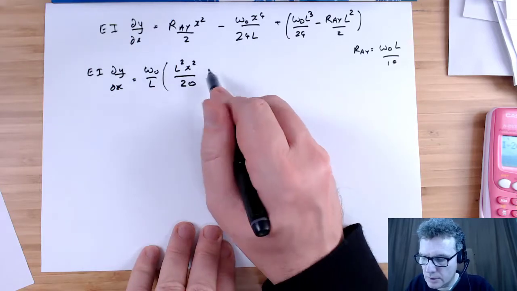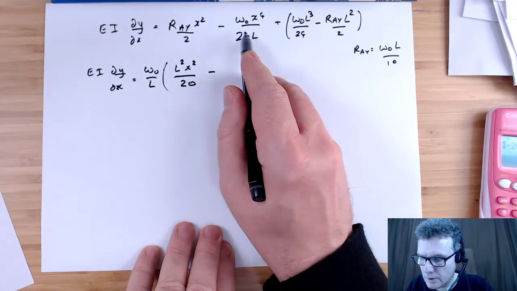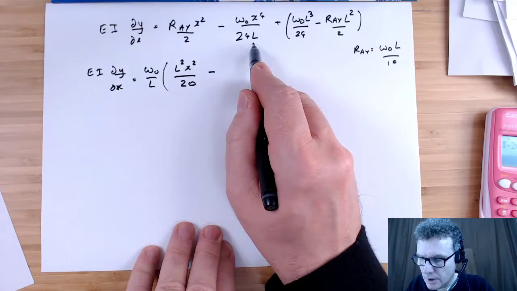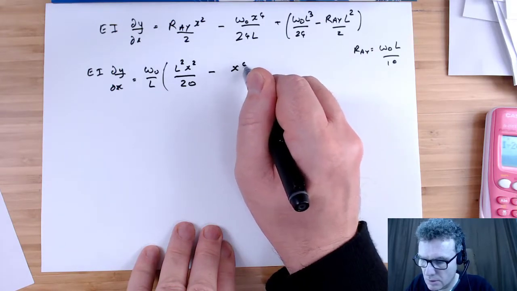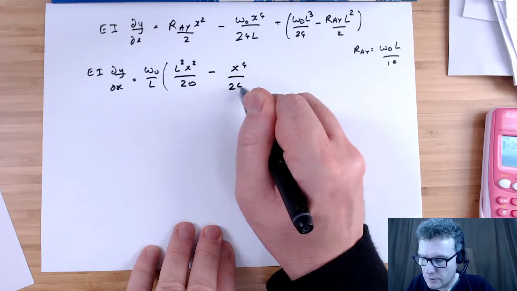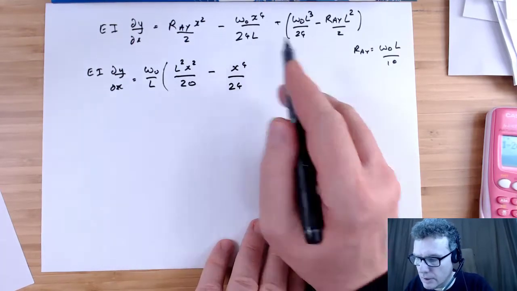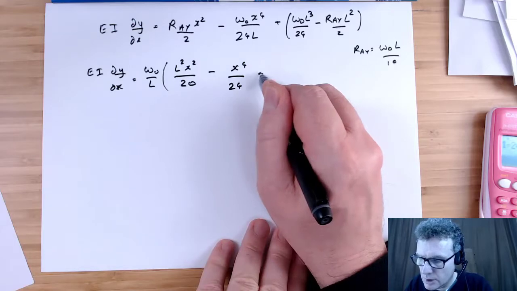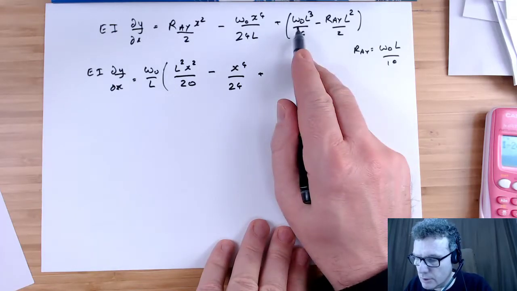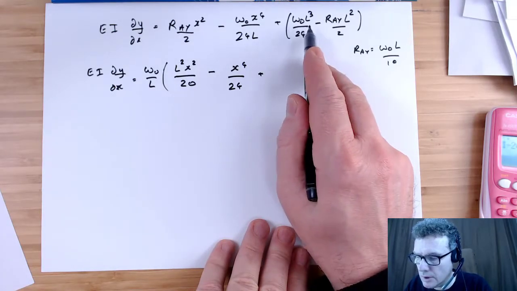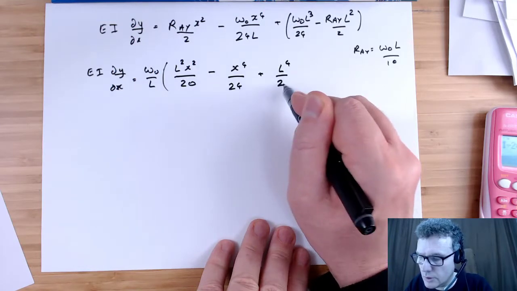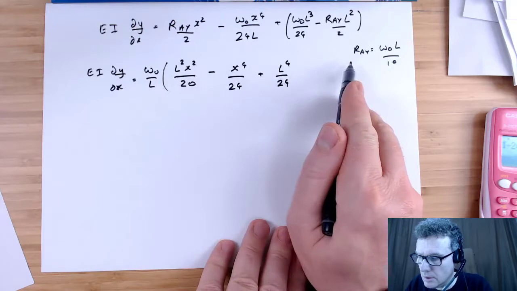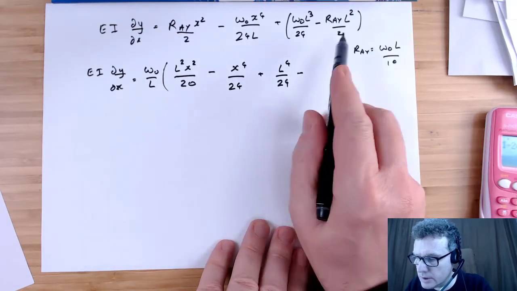Okay, next one, take away, taking out the W, taking out the L, so it's just going to be x to the power 4 over 24. Fair enough. Next one, plus, taking out the W0, that needs to become L to the power 4 over 24.